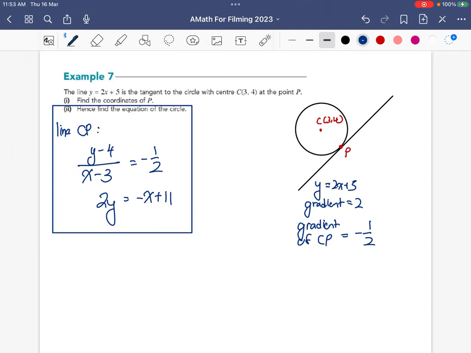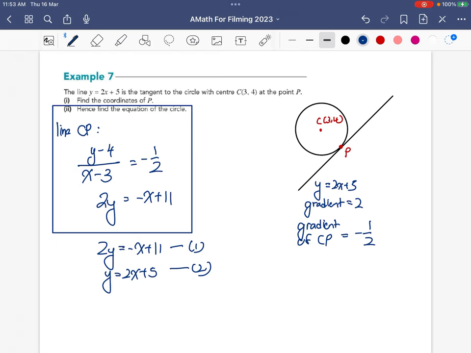Now, notice that the line CP actually intersects that tangent at the point P itself. So what I need to do is solve simultaneous equations. This is CP, and then what I also have is the line y equals 2x plus 5. This is equation 2.